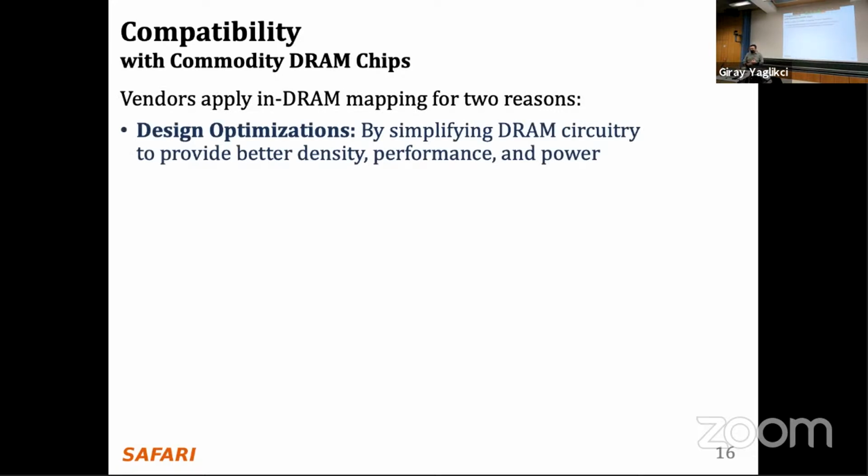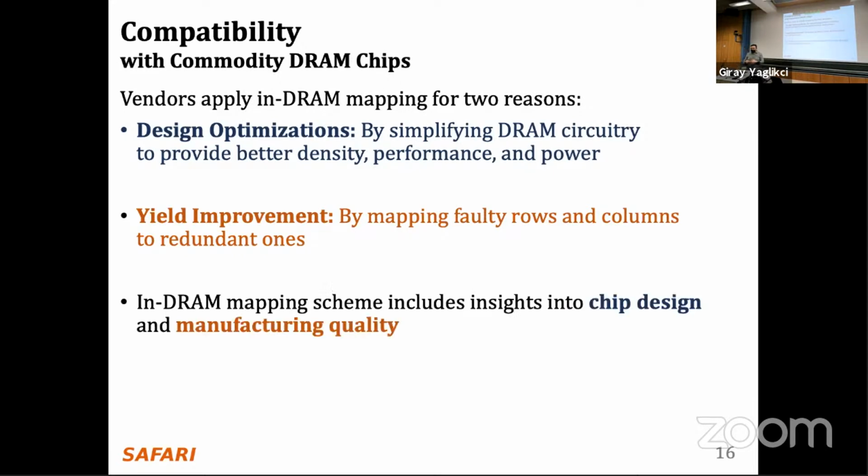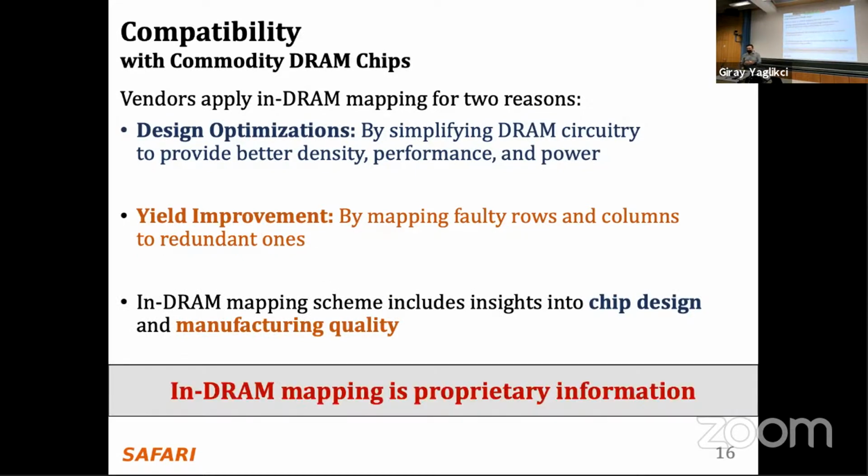The first reason is design optimizations to simplify DRAM circuitry to provide better density, performance, and power. And the second reason is improving the yield by mapping faulty rows and columns to redundant ones. This In-DRAM mapping scheme includes insights into chip designs and the manufacturing quality, and that's why DRAM manufacturers prefer to keep it as proprietary information and do not share it.